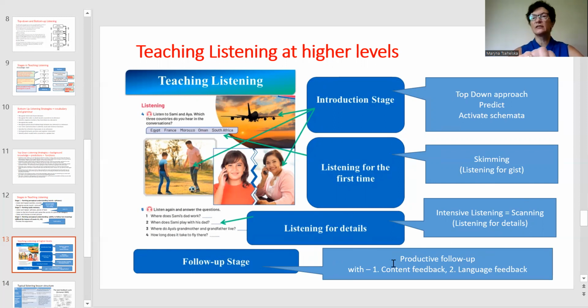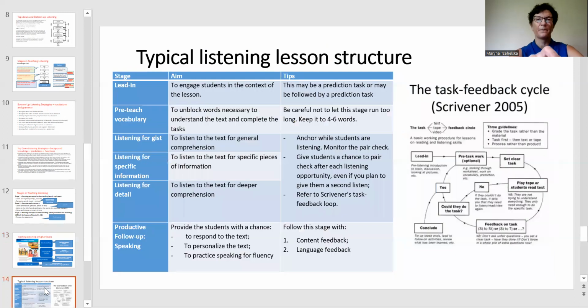When the students review the content and produce something, they may produce their own story, arguments or a dialogue, anything, and the stage is followed with content feedback and language feedback if possible.